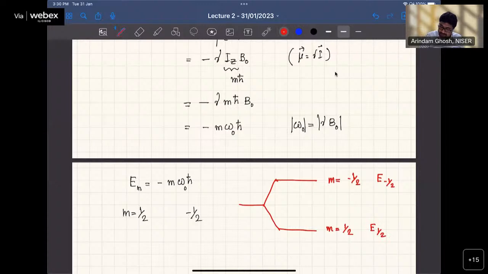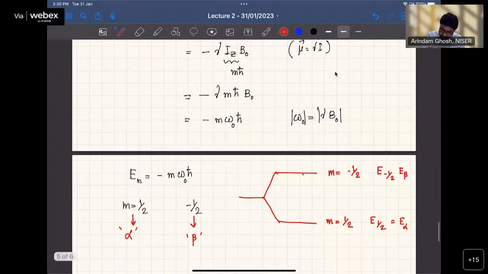In a few books you will also see that this is called E beta, and this is called E alpha, because the state m plus half is called the alpha spin state, and minus half is called the beta spin state. E alpha and E beta, and the difference between these is the energy, basically delta E.